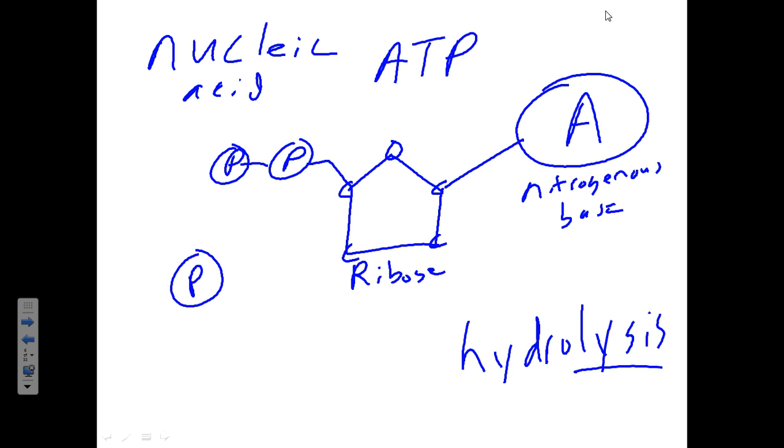And what does that phosphate bring with it? It brings energy. It's a way to transfer energy. It's a way to activate things, to turn them on, to give them the energy that they need to do something. So this is not ATP anymore. What is this now? ADP. Now it's called ADP.